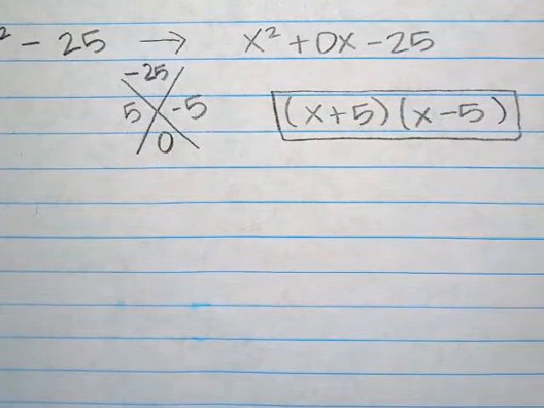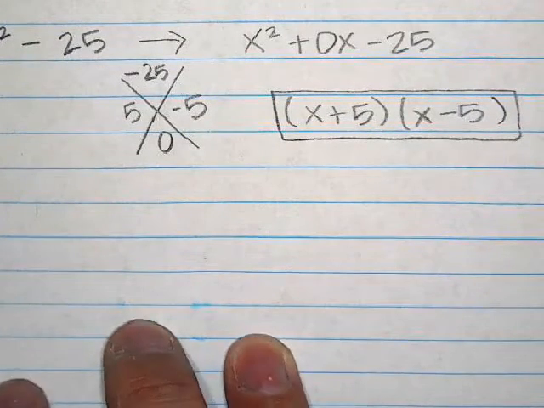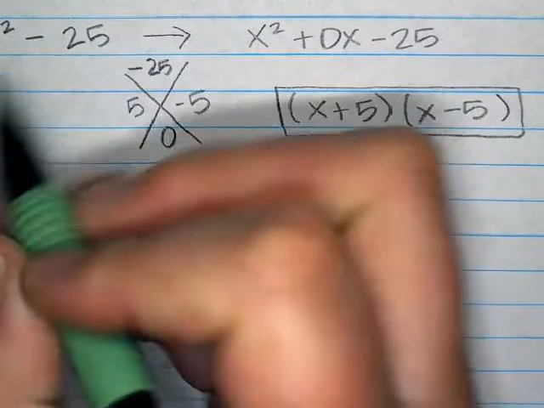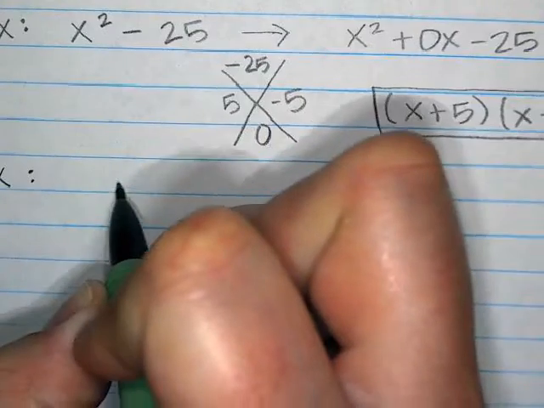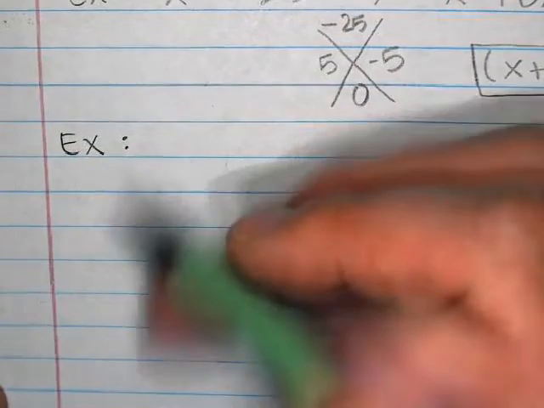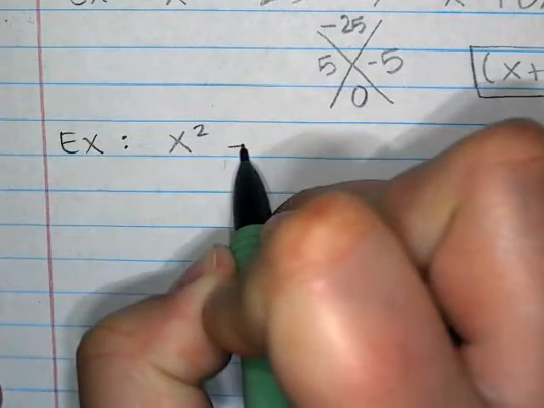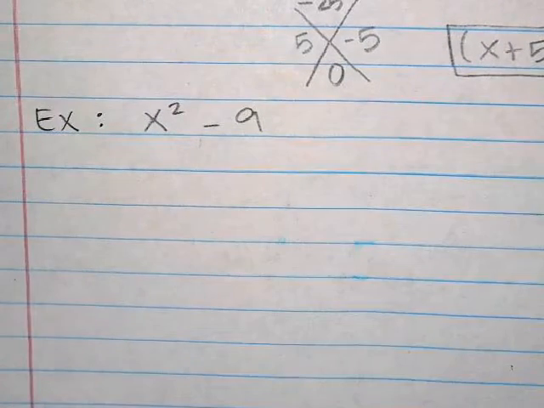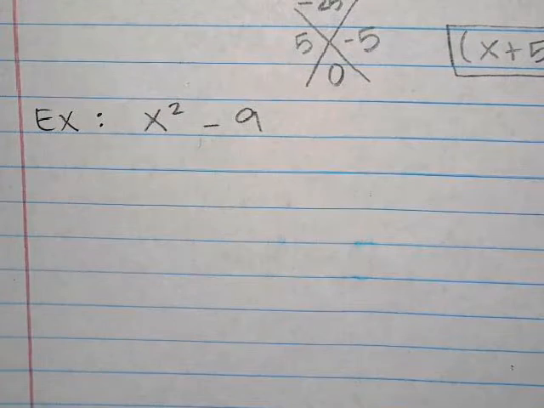Let's try another one. For this one, let's do x squared minus 9. So again, it's missing that middle term. So put a 0 in there. Okay.